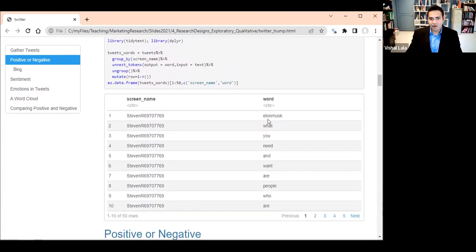If you recall, the first tweet we saw had words in a paragraph. So we can always break that into what are called tokens, or one-word tokens, or 1-gram tokens, like "Elon Musk, what you need and want are people who are."